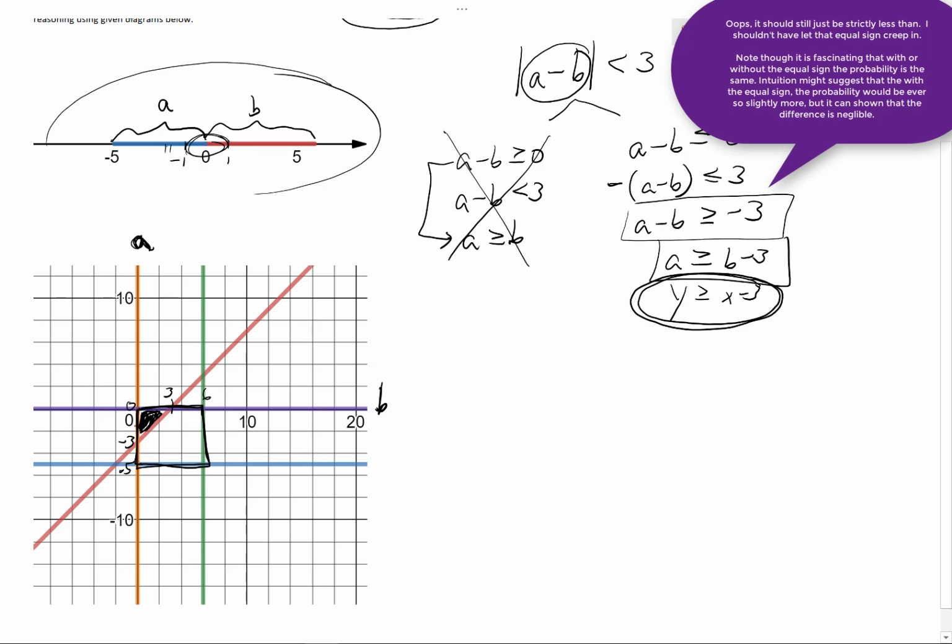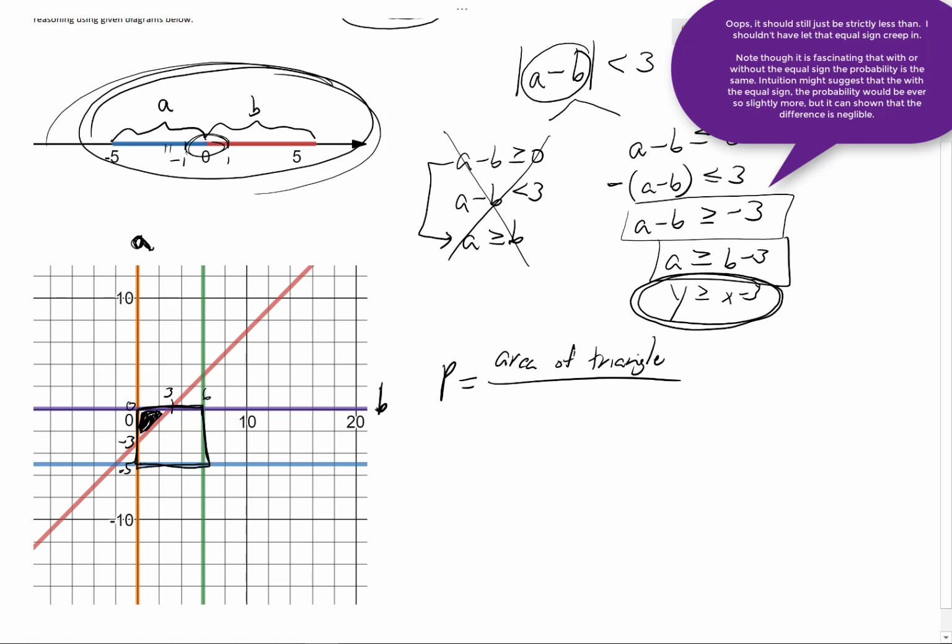So now our probability, which was difficult to see from the line diagram, we can get using a geometric probability. And so it's the desired area, the area of the triangle, over the area of the potential or the given rectangle. And now we've got it made.